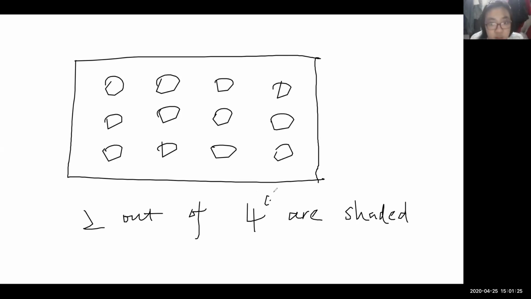Okay, so your turn. You can touch the mouse already. So 2 out of 4 columns are shaded. When you shade, just one slash will do. Just slash. Or put a cross will do. Put a cross. Show me. Cross is good enough.